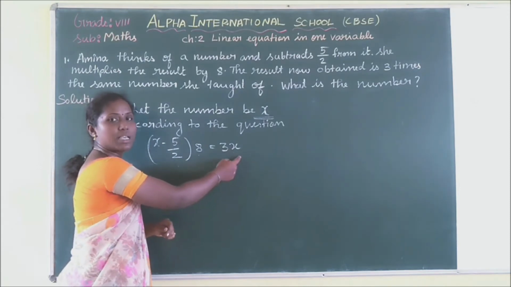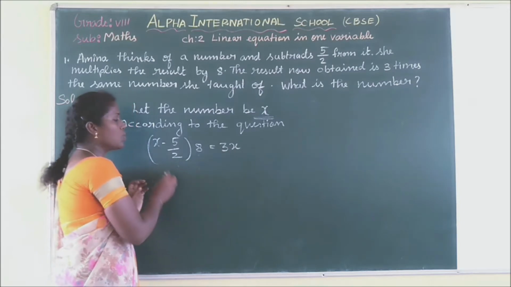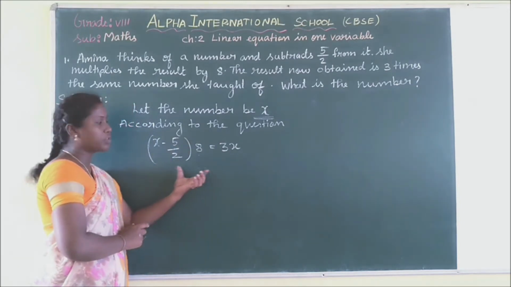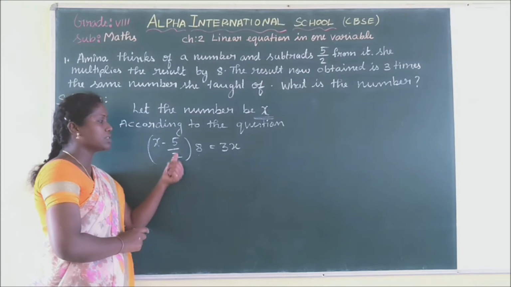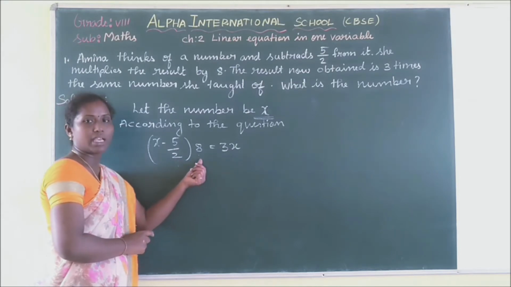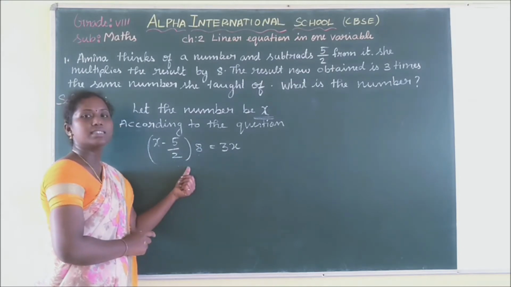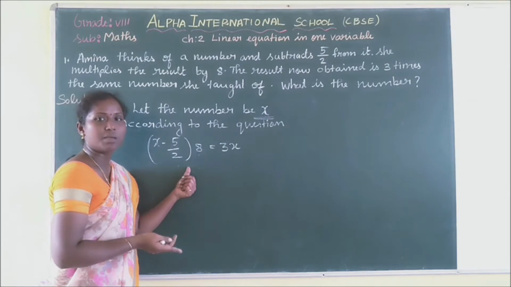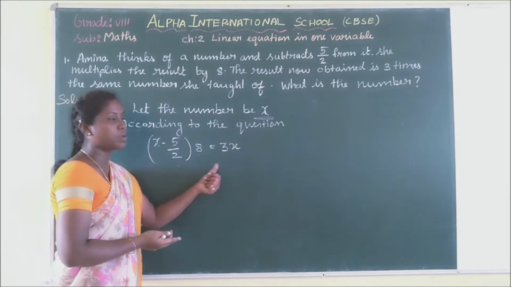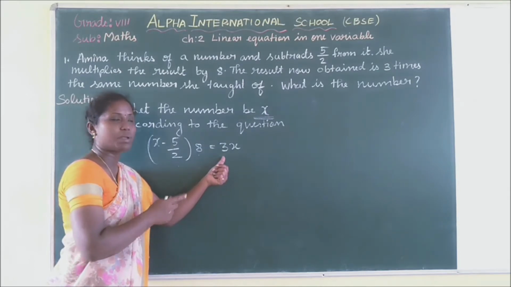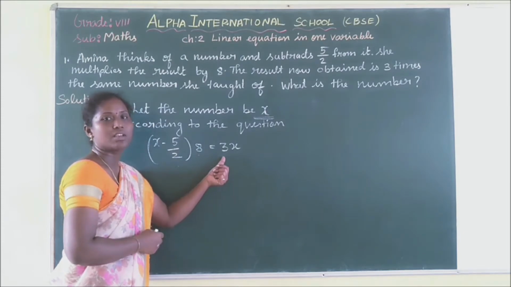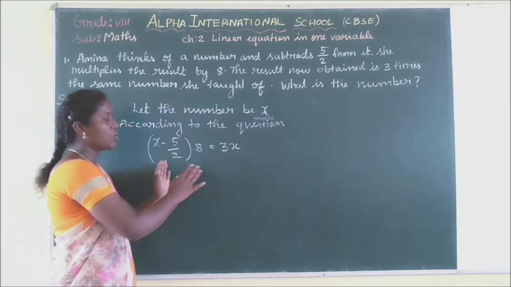So 3 times the same number is 3x. According to the condition given in the question, this is the equation: (x minus 5/2) times 8 is equal to 3x. Now we have an equation.